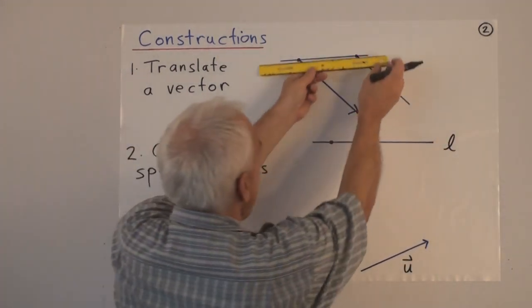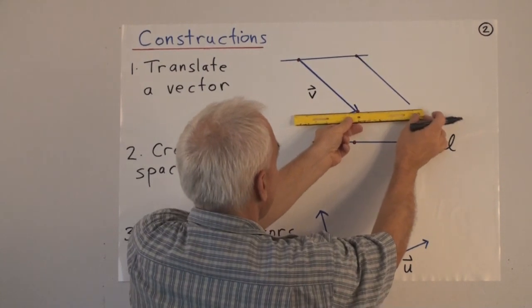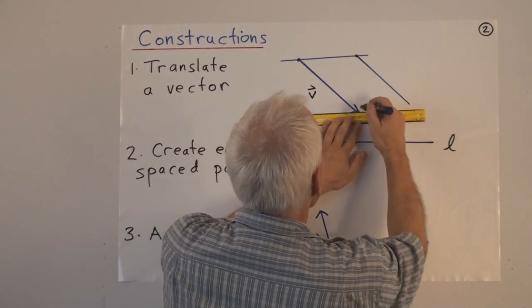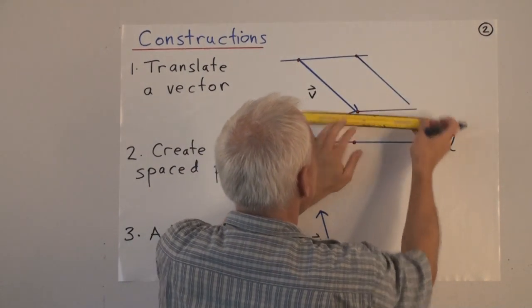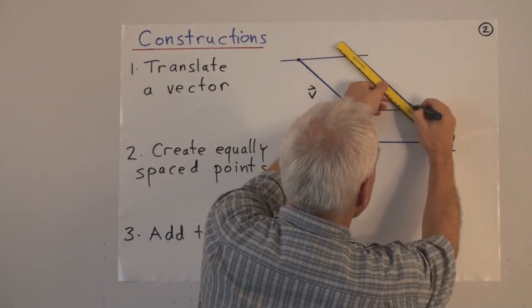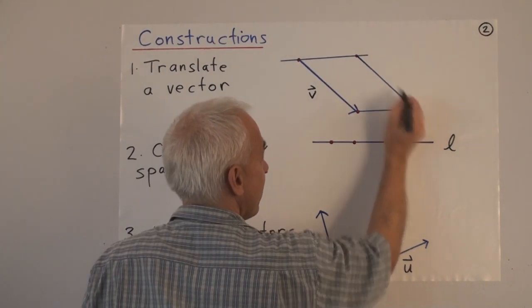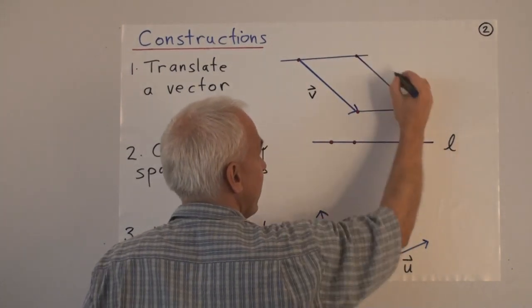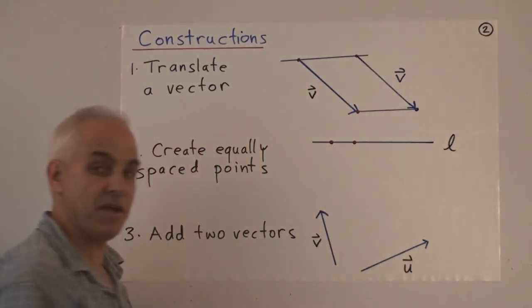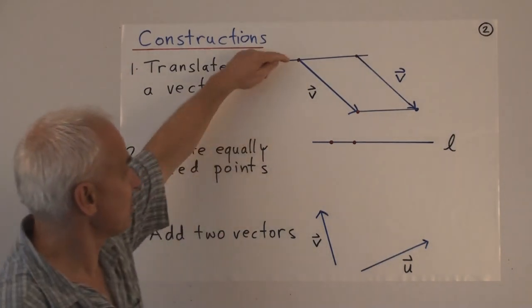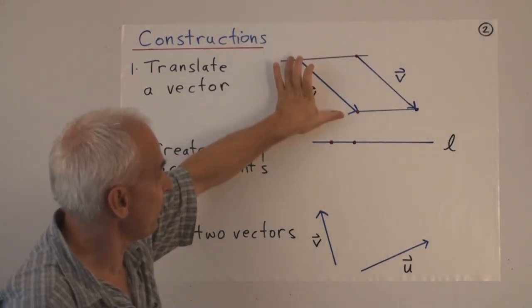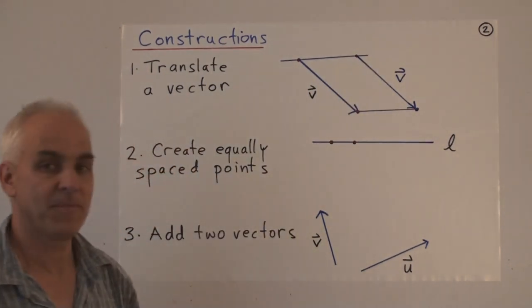And then another line parallel to this one through that vector. So we need to go a little bit further here. And then this vector here, from this point to this point, that's going to be another copy of V. It's the same vector, but now instead of starting from here, it's starting from here. So we've translated it as required.